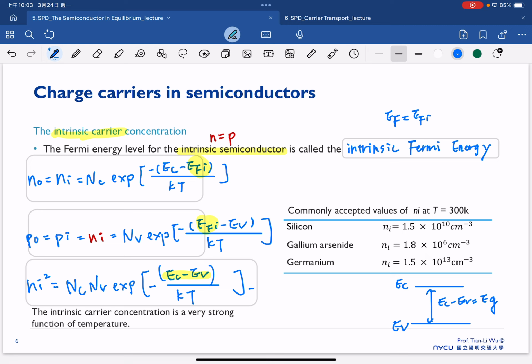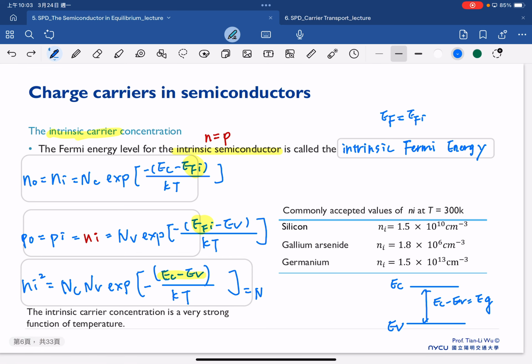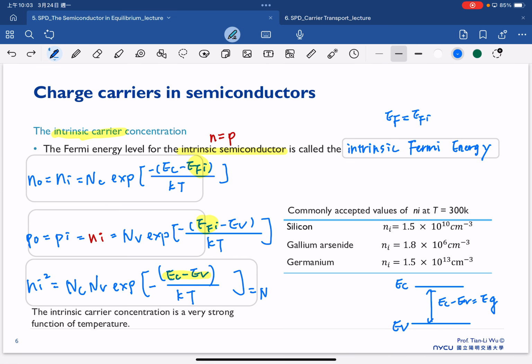So this equation can be rewritten as NC NV exponential minus EG over KT.